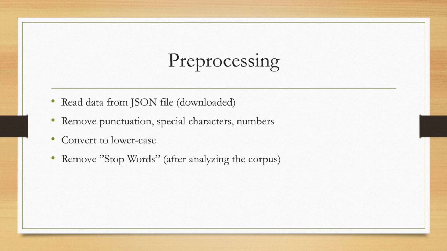Before the data was able to be classified, several pre-processing steps needed to be performed. I performed the following pre-processing steps after the data was read from the JSON files. In particular, I needed to remove the stop words.